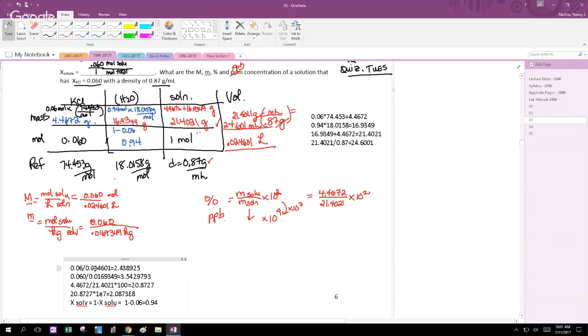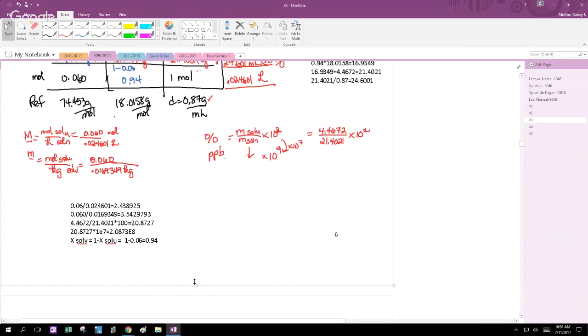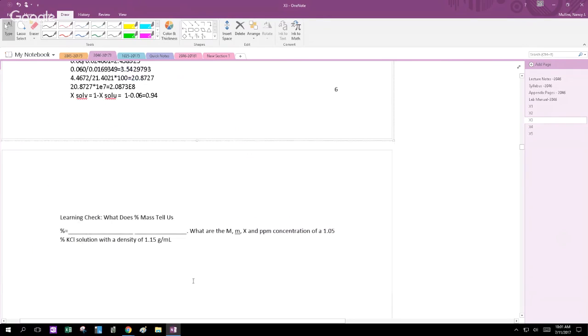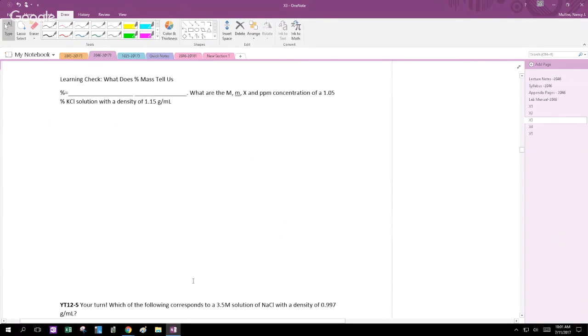So molarity and molality should be similar numbers if the density is pretty close to 1. It's not going to be exact, but it's going to be close. The farther away the density goes from 1, they're going to start varying more, but they should still be a similar magnitude. They're both in the ones place. It's going to be very different from the other units. So it's just a couple things to check to see if you're on the right track with what you're doing.